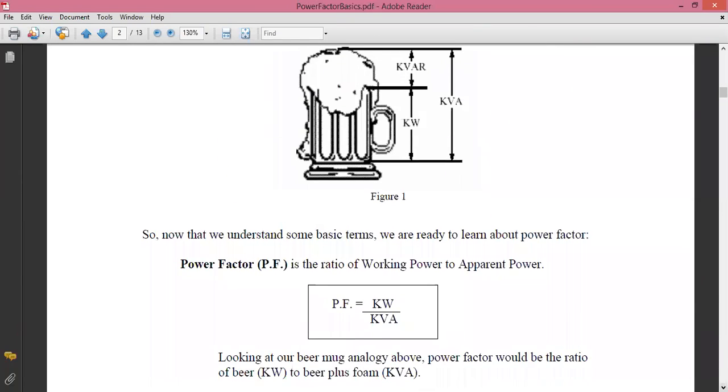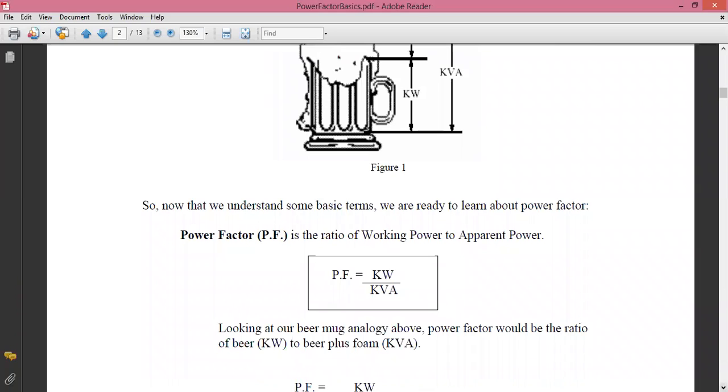So here you can see that your power factor is the ratio of actual power to the apparent power. That means your power factor is equal to kW, that is the useful liquid that can be used to quench thirst, to the total. Total means which includes the useful liquid as well as the foam.